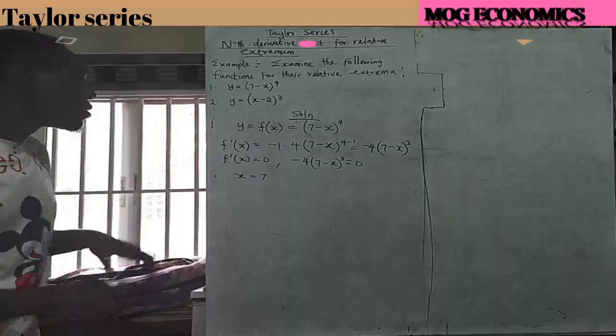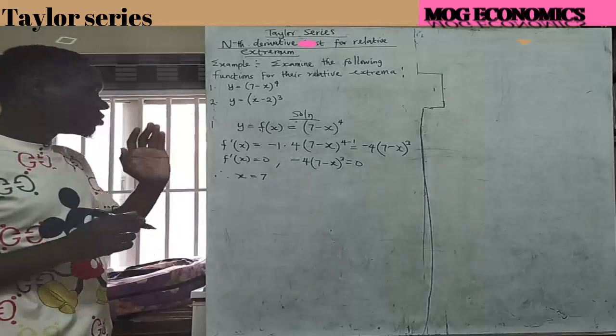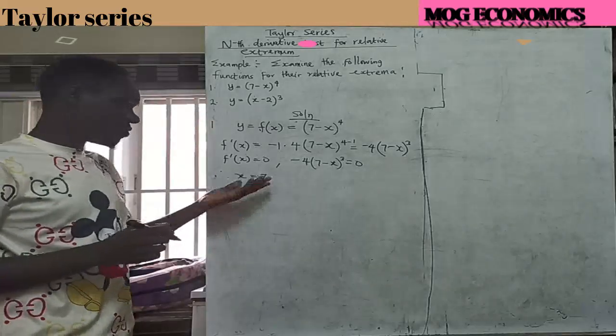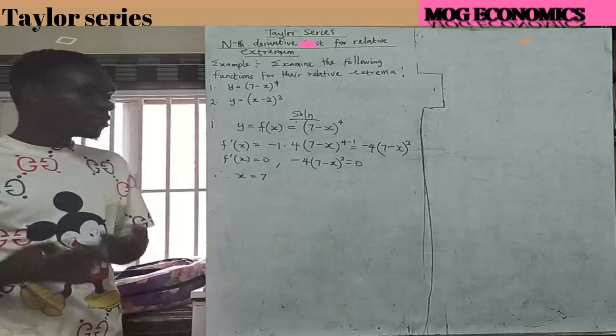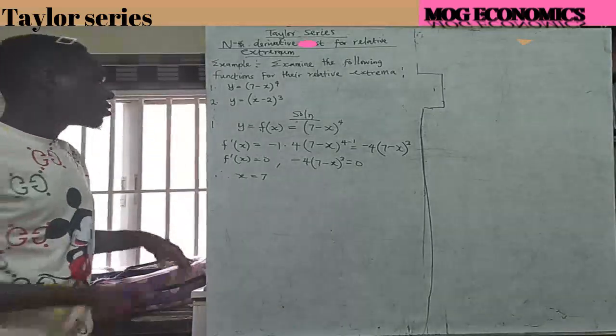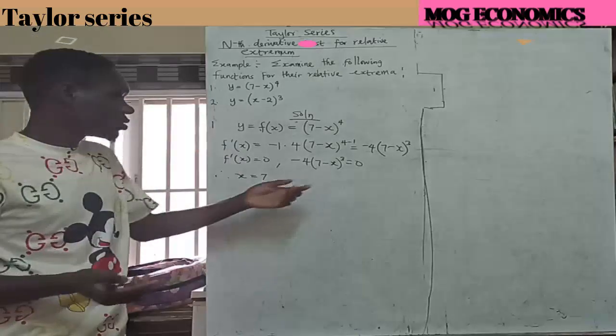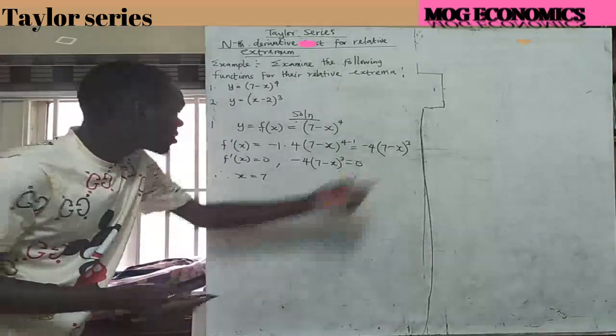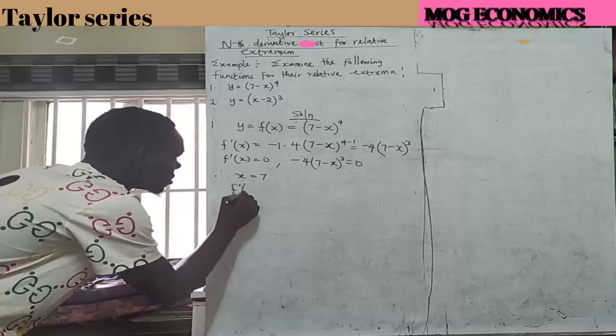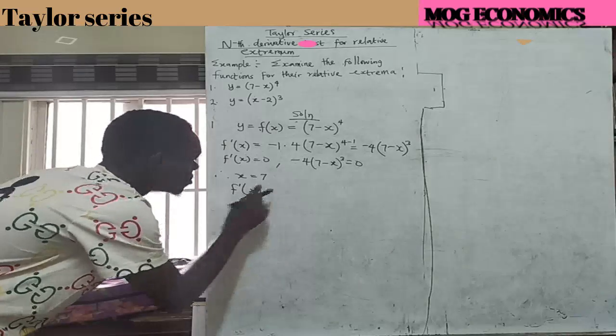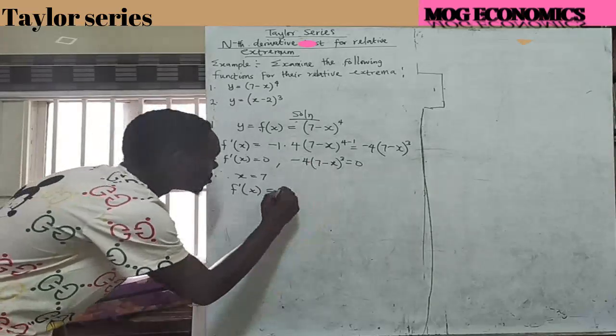All right. To proceed, we need to test whether the value of x at this point is a relative minimum or maximum. We have to consider the higher differentials of the function. The result for our first order differentiation is this.